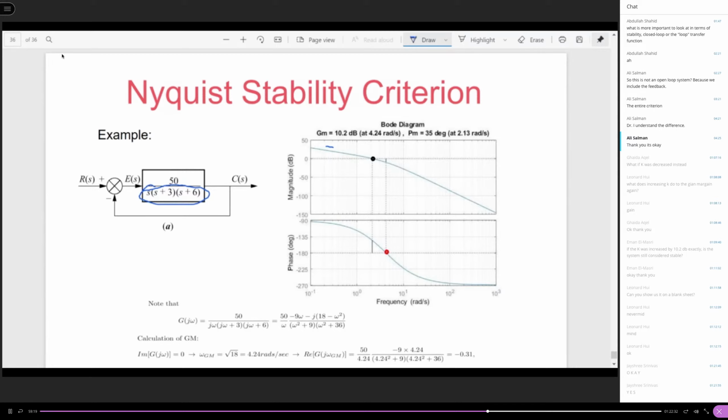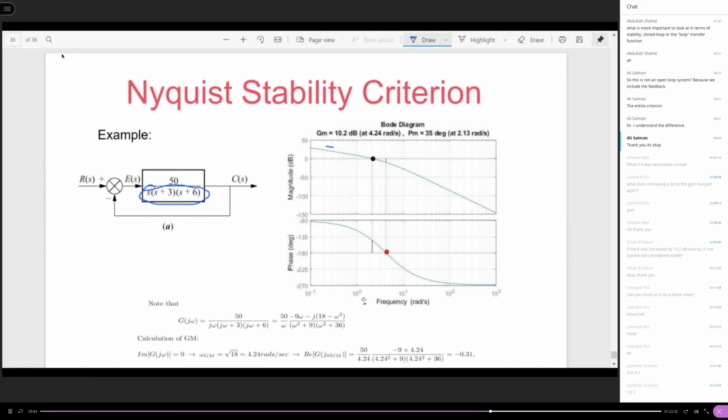The phase range is equal to minus 90 degrees multiplied by the order of the denominator. If you have first order, between 0 and minus 90 degrees; second order, 0 and minus 180 degrees; third order, between 0 and minus 270 degrees.